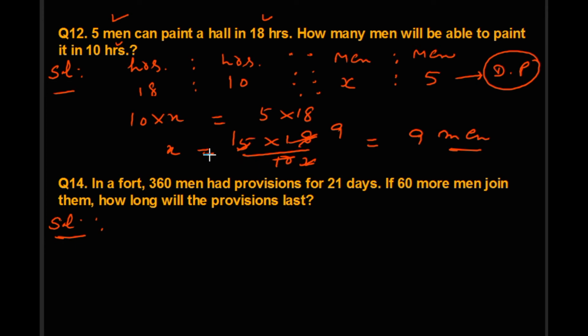So here also you have to keep in mind, 360 men are here, their provision lasts for 21 days. Right? If 60 more men join, that means 360 plus 60, 420 men are in total.